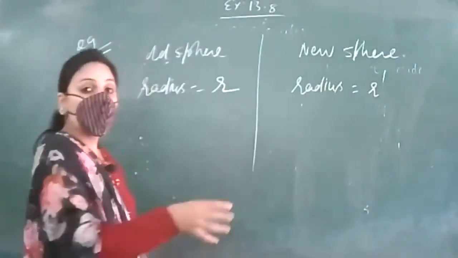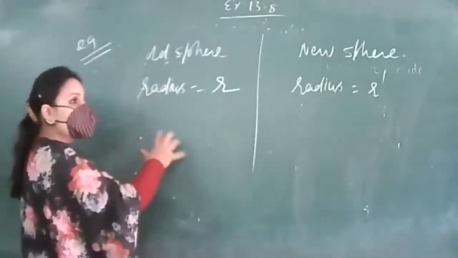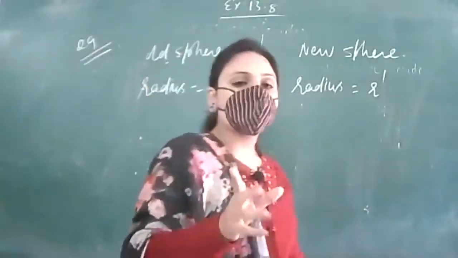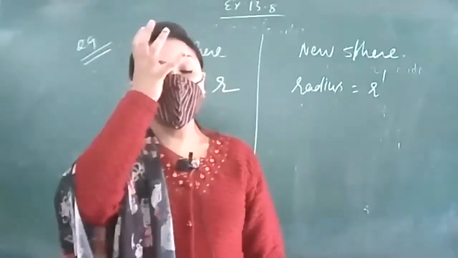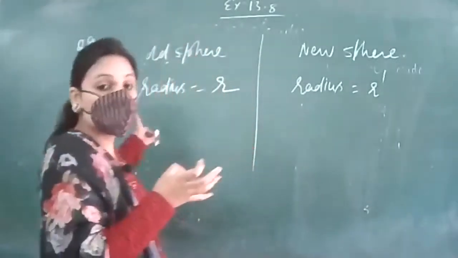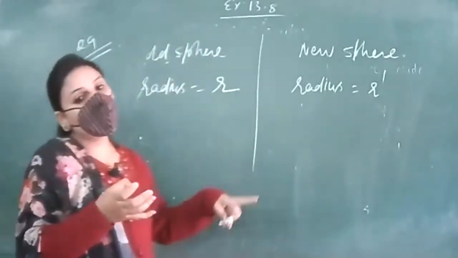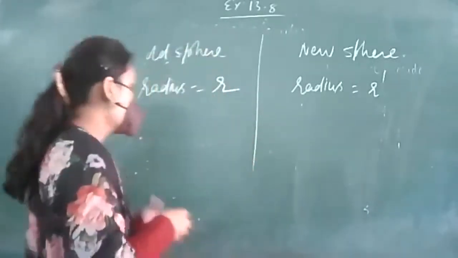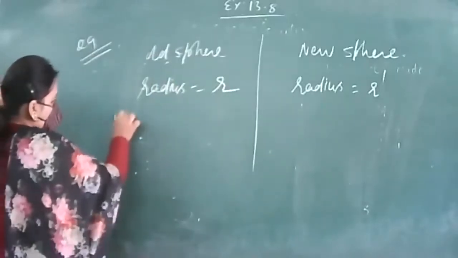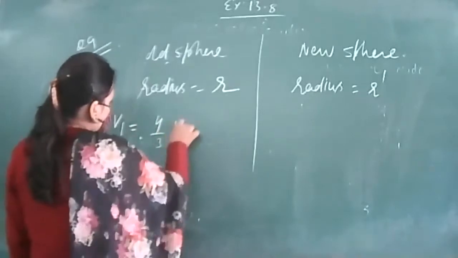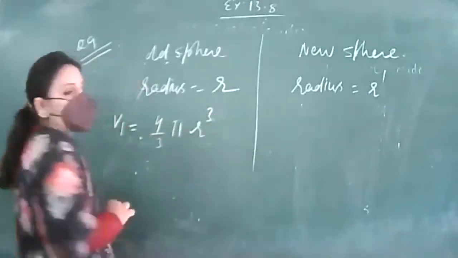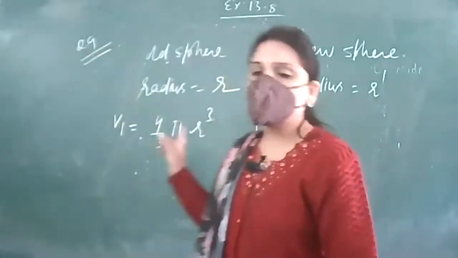So it means volume of these 27 spheres will be equal to the one single sphere. सबसे पहले तो हमें ये चीज पता होनी चाहिए. Afterwards, firstly we will find the volume of this old sphere and the volume of the new sphere. Let us suppose it to be V1. This is 4 by 3 pi r cube. Old sphere volume 4 by 3 pi r cube.